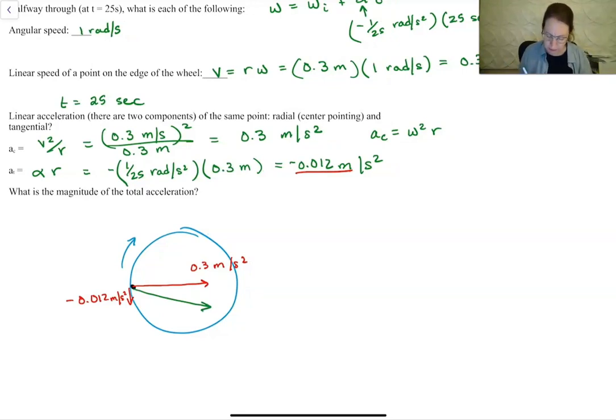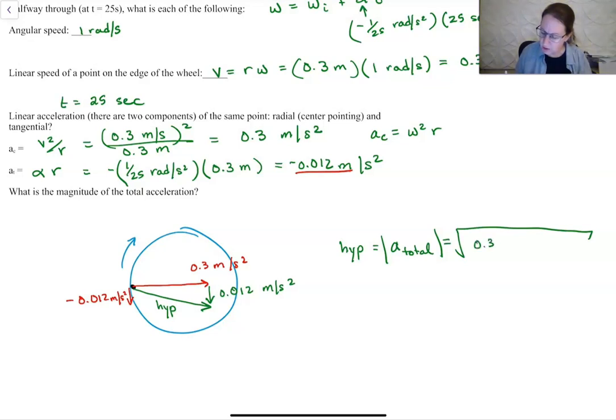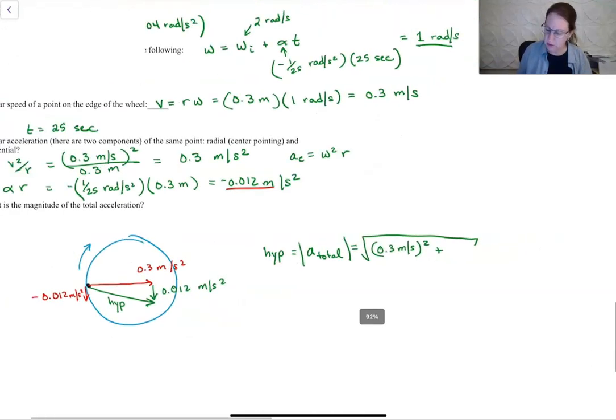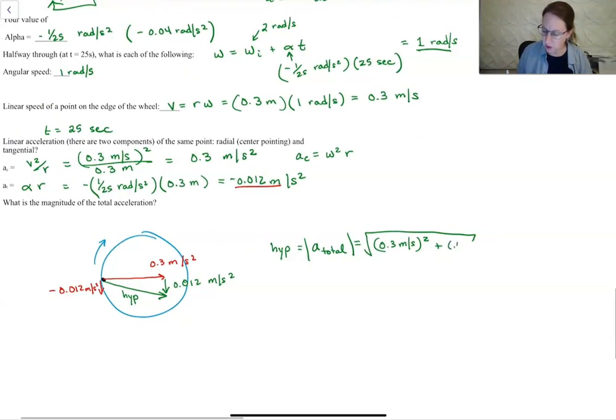But we have a Pythagorean relationship here, where this is 0.012 meters per second squared, this triangle, so we can find the hypotenuse here. The hypotenuse is the total acceleration, the magnitude of the total acceleration. So that's going to be the square root of the sum of the squares. I would square that plus 0.012 squared.